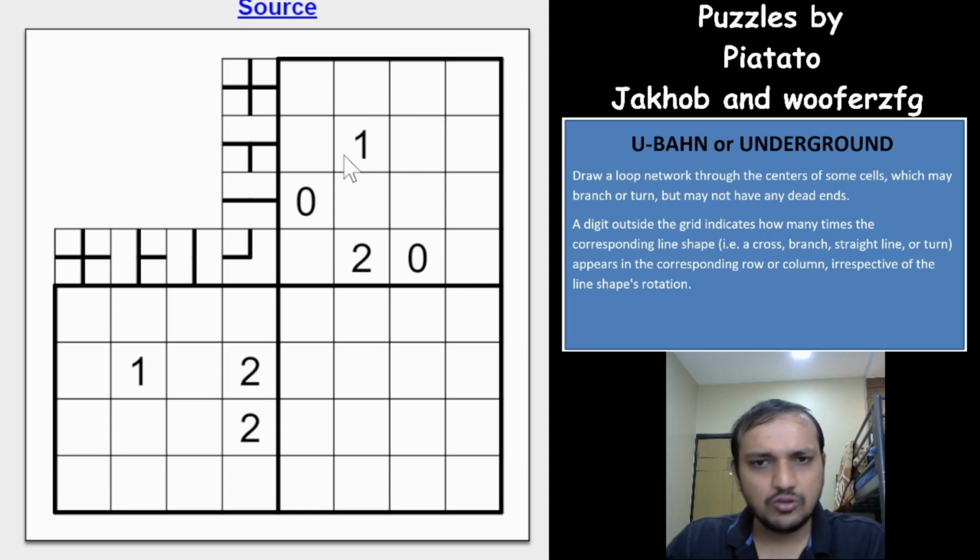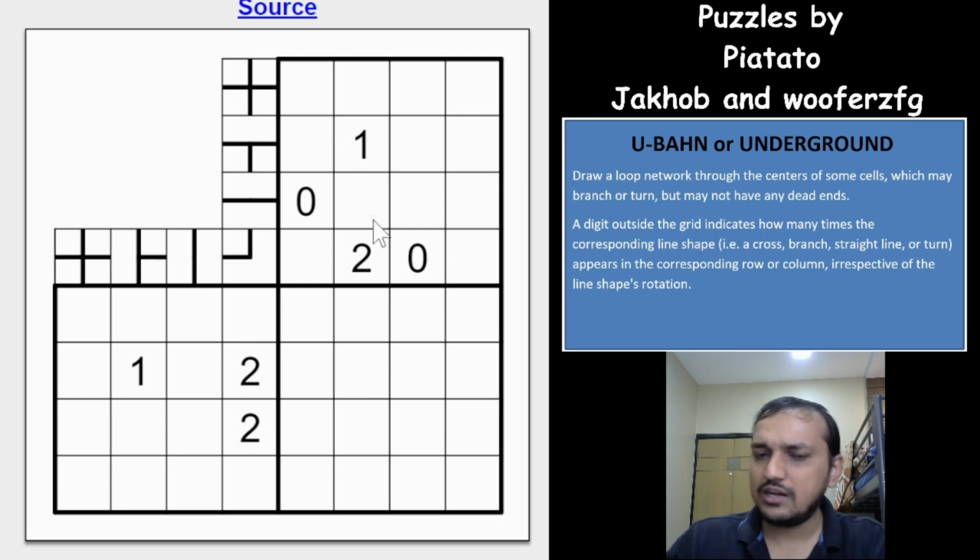So that particular digit indicates the segment that is going to appear in that particular column and how many times, and here the number indicates how many times that line segment will appear in that particular row. So this 1 means there will be 1 branch in this row, this 2 means there will be 2 turns in this row, and so on.